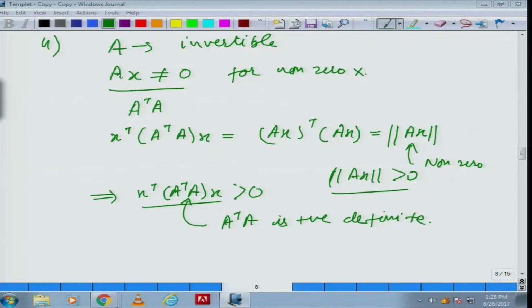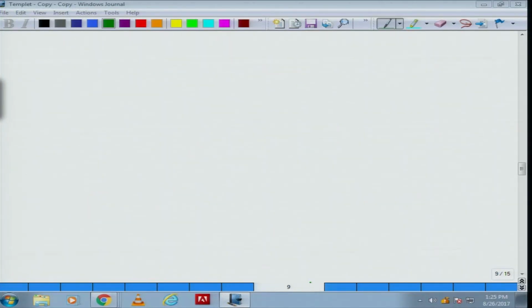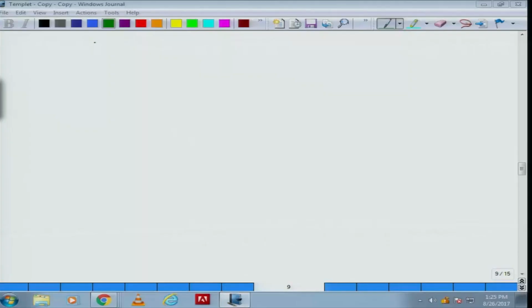Now, coming on to the next part, when A is not invertible. It's not explicitly given that A is invertible, and we need to prove that A transpose A plus nu square identity is in fact positive definite when A is not necessarily invertible. So we'll follow similar steps.